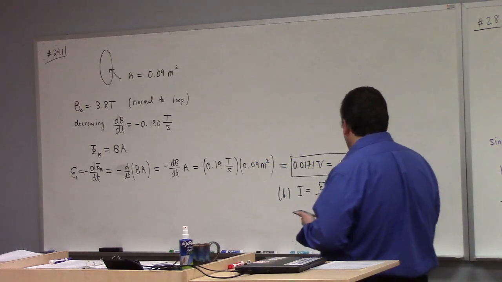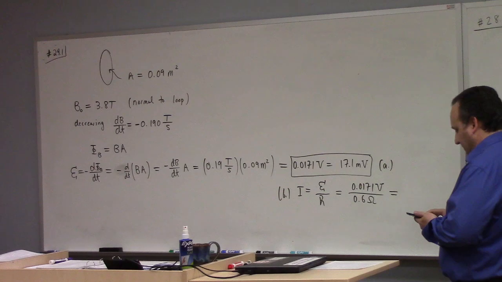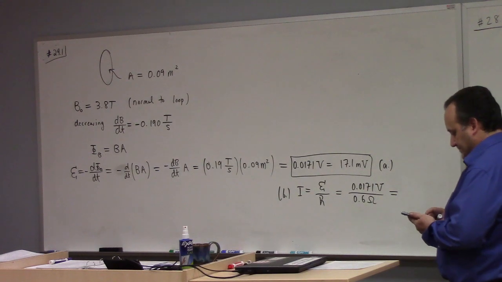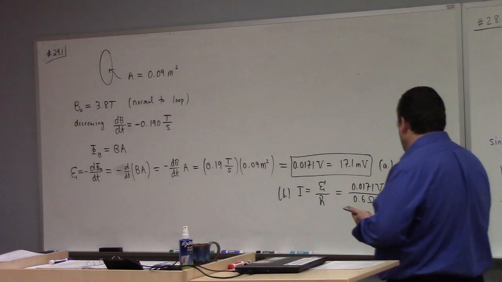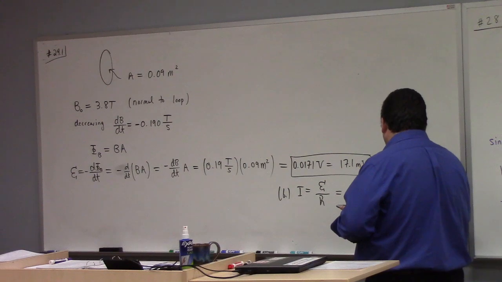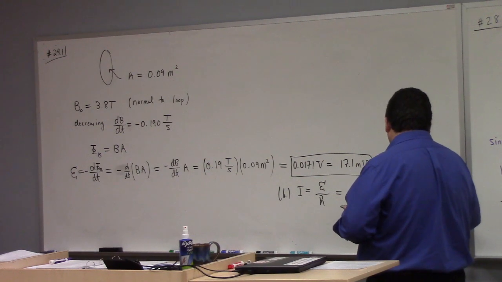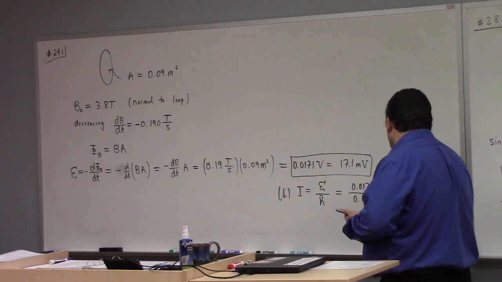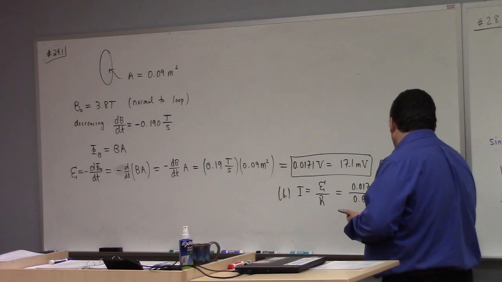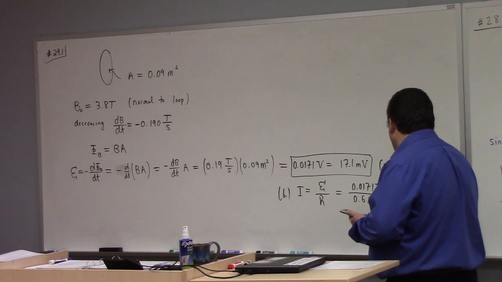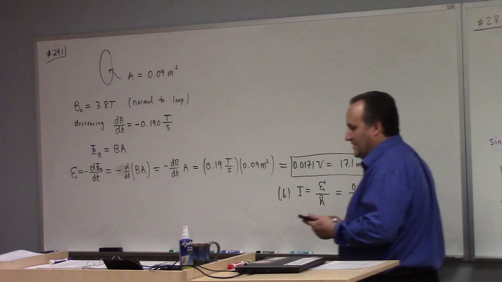And so the induced current by this changing magnetic field is apparently 0.0285 amps, or as I would prefer to write, 28.5 milliamps.